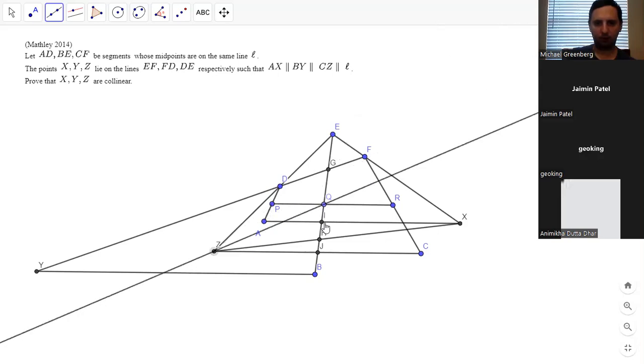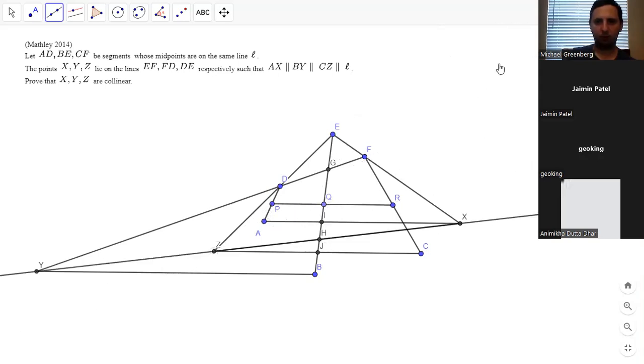Let's see. Let me see if there's another way we can think about this. Yeah, let me try using Desargues again. So basically, these four lines concur at a point at infinity, right?